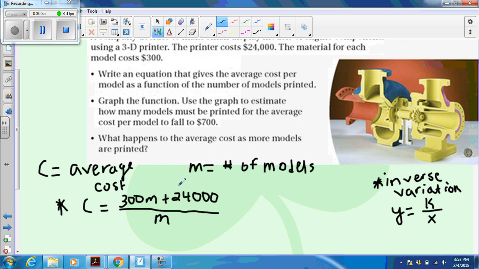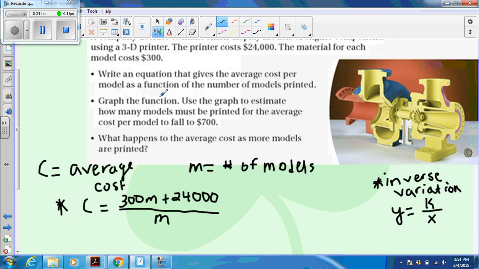Because basically up here is our k, and in the denominator is our x, if you're thinking about inverse variation. So we have our equation as 300m plus 24,000. This kind of just gives us the cost, depending on the number of models. And remember, because we're also doing average, you divide by how many models there are. That's why we have to use inverse variation, because we're dividing by how many models there are.